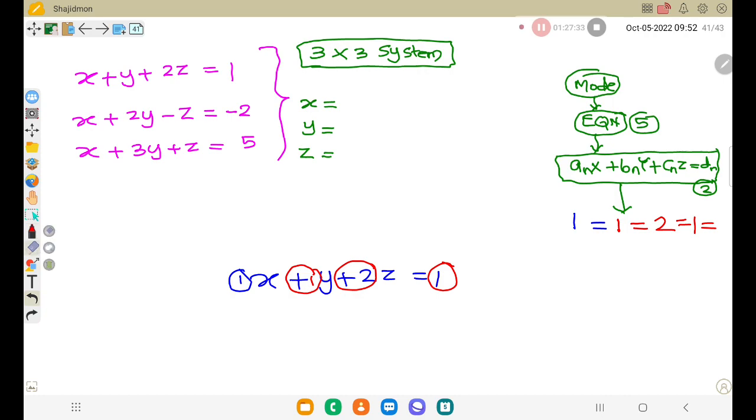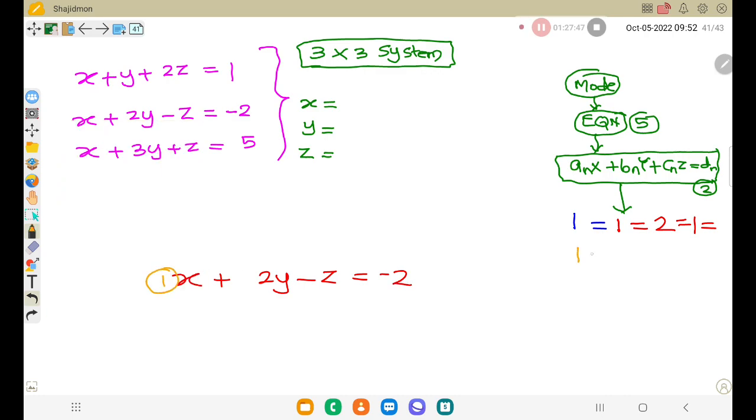Continue like this with the second equation. The same thing we are doing. What is the second equation? x + 2y - z = -2. So what is the number behind x? 1.